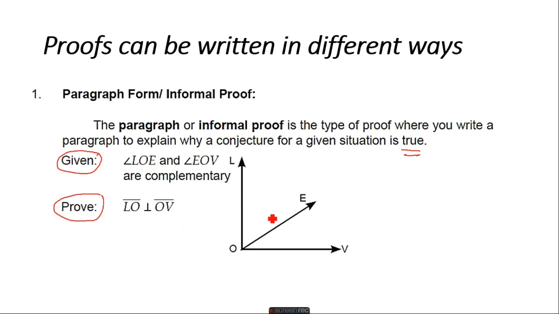If angle LOE and angle EOV are complementary, then prove that line segment LO is perpendicular to side OV. Now you're just going to write the explanation using a paragraph.